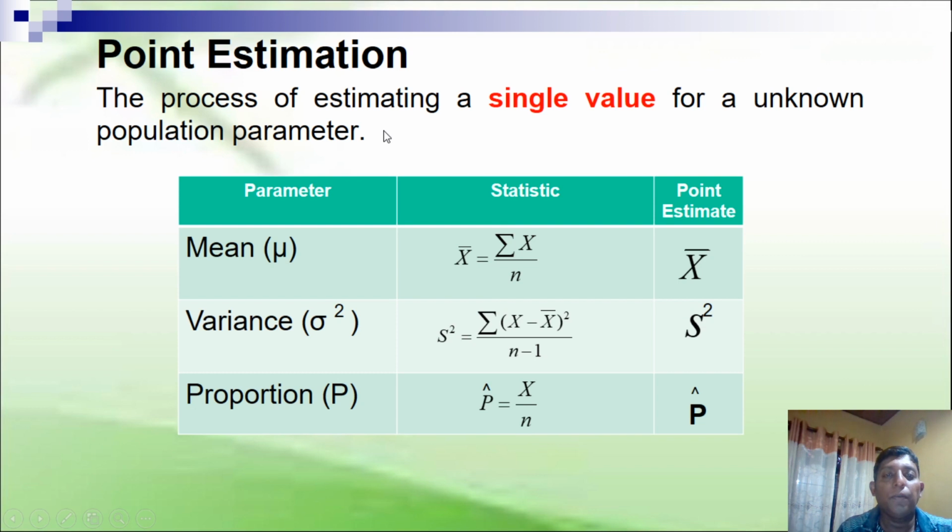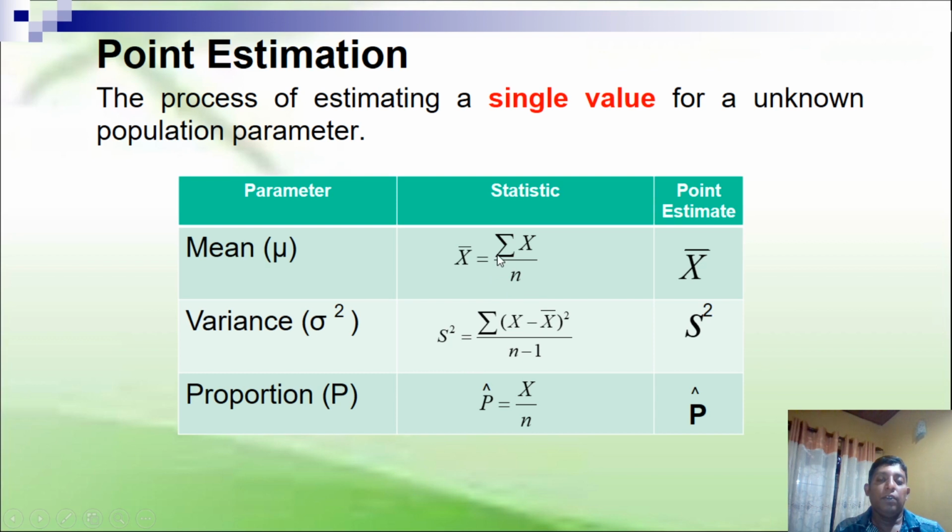Now see how to define point estimation. It's a process of estimating a single value for an unknown population parameter. For example, when you need to make a decision about the population mean mu, we use x bar as a statistic. Then the computed value of this x bar is considered a point estimate. X bar is defined as the summation of the individual measurements divided by the number of observations in the sample.